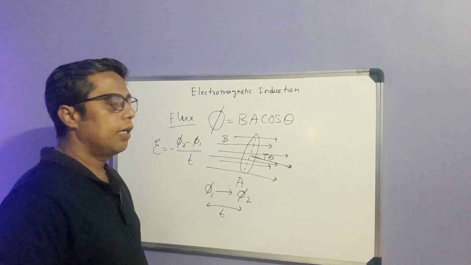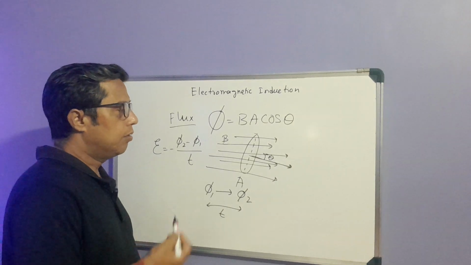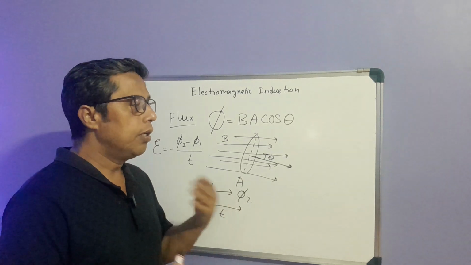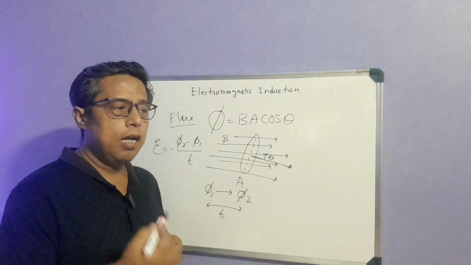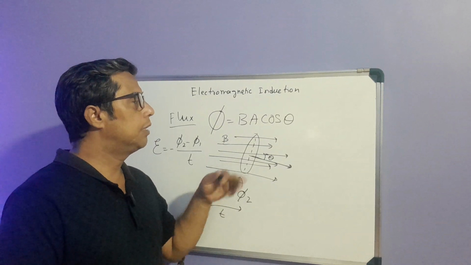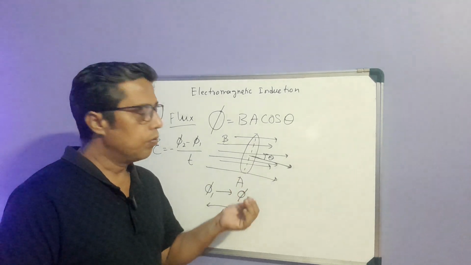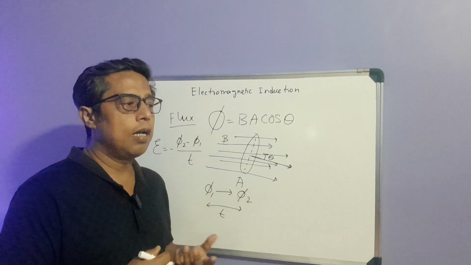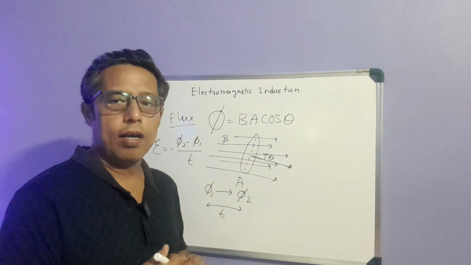Now next is Lenz's law. Lenz said that the induced EMF and induced current will oppose the change of the flux. Whatever flux change is happening, there is a cause, and the induced current will oppose this change in flux.